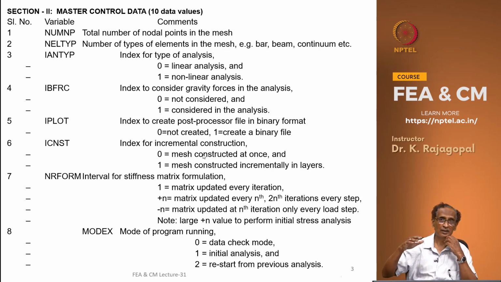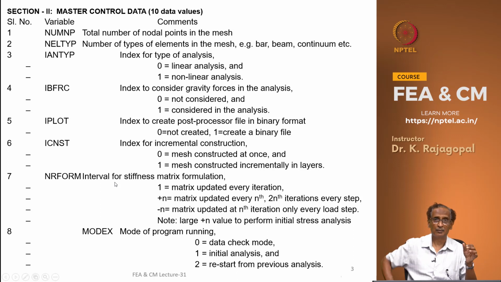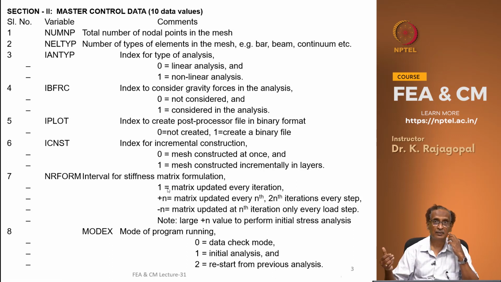And then NR form is actually a very important parameter that tells the program how to update the stiffness matrix. If you give it as 1, then the stiffness matrix is updated at every iteration. Updated means it has to go through the calculation of B transpose D B and then assemble it, and then even the triangulation.